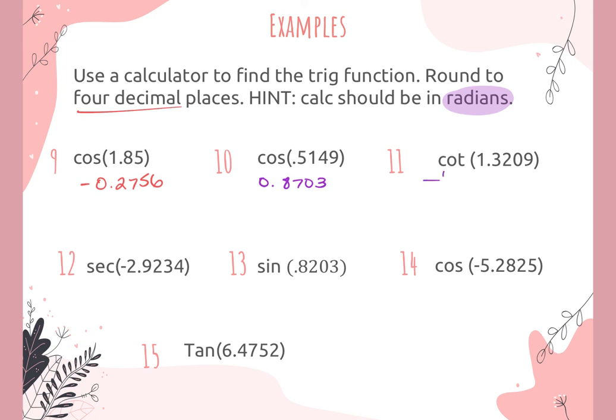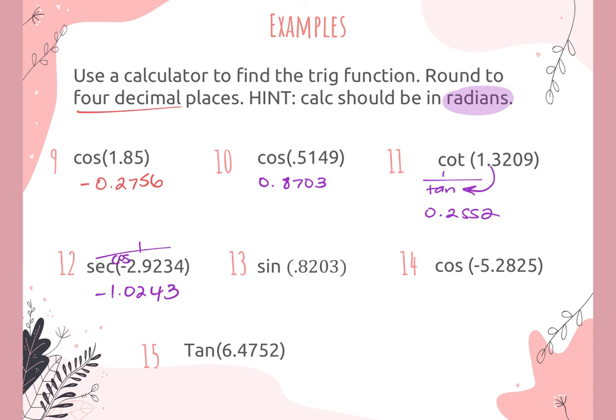Cotangent is going to be 1 over the tangent of 1.3209, 0.2552. Secant is going to be 1 over cosine, negative 2.9234, negative 1.0243.